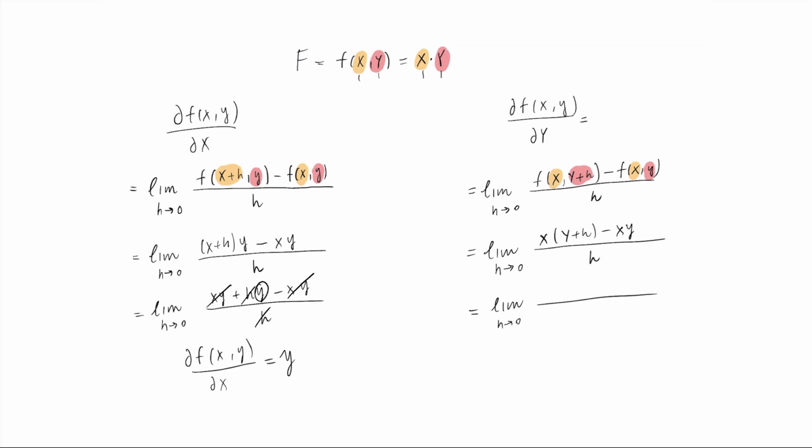What is this equal to? This is xy plus xh minus xy over h. We cancel these two. We cancel h's. Delta f of x comma y over delta y is equal to x.